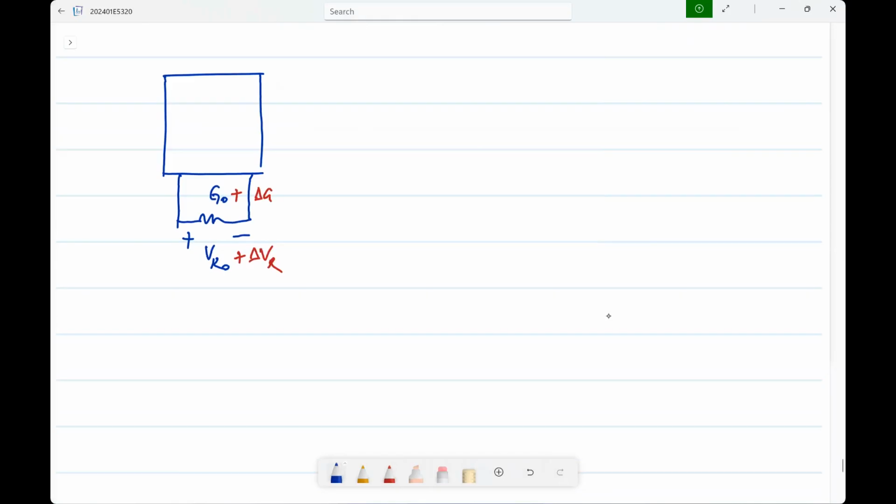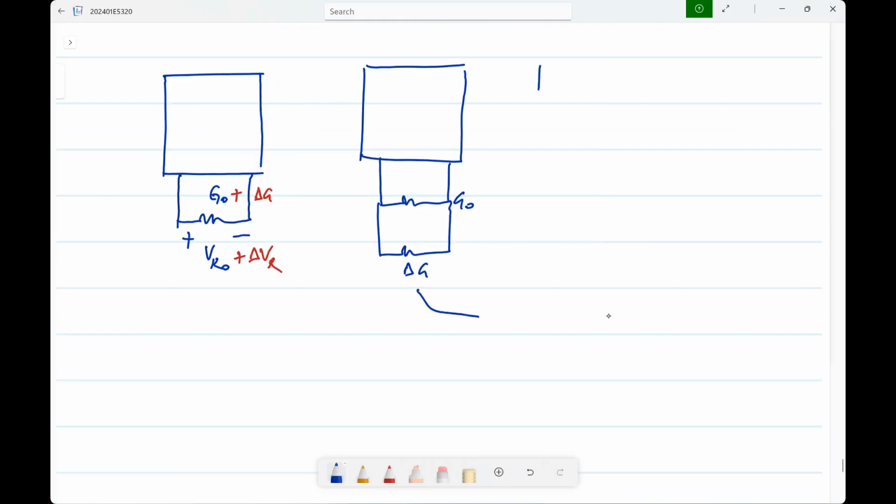So now I will split this into parallel conductances of G naught and delta G. And this delta G again, I can represent it as what?